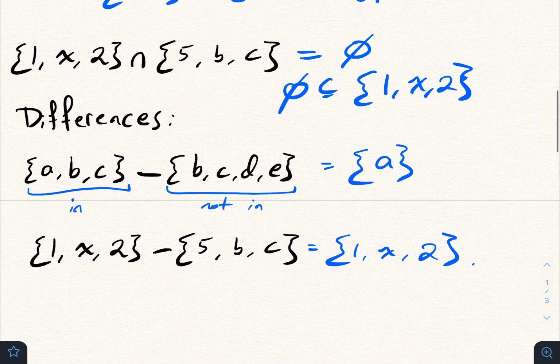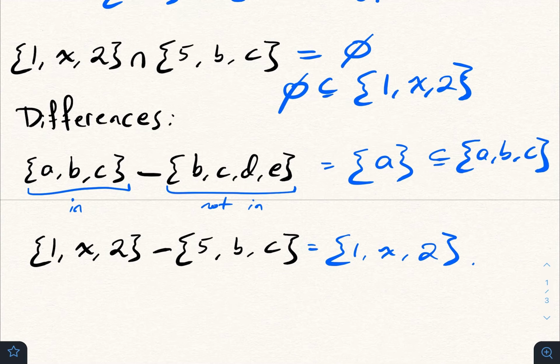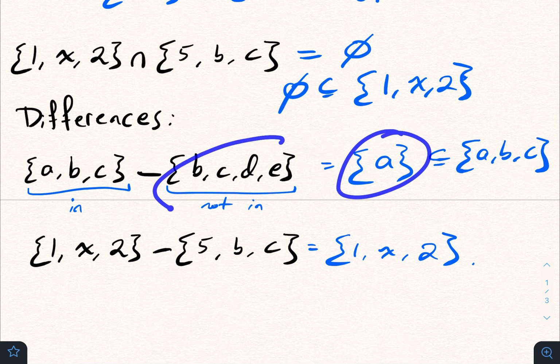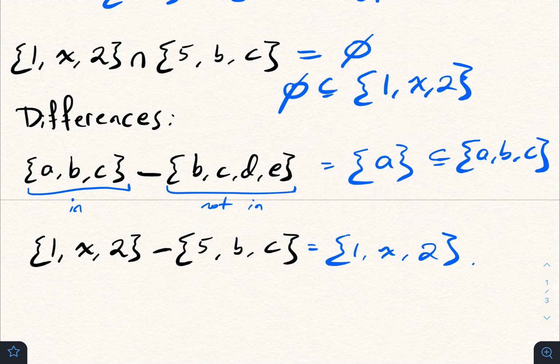And on the subject of subsets, we could also say that anytime that you take a difference, this difference is a subset of the first set that you started with. Not the second one, though. In fact, if you were to take an intersection of the difference with the thing that you subtracted, because you got rid of everything that's in this, the intersection should be completely empty. So there's nothing in here that is also in here.